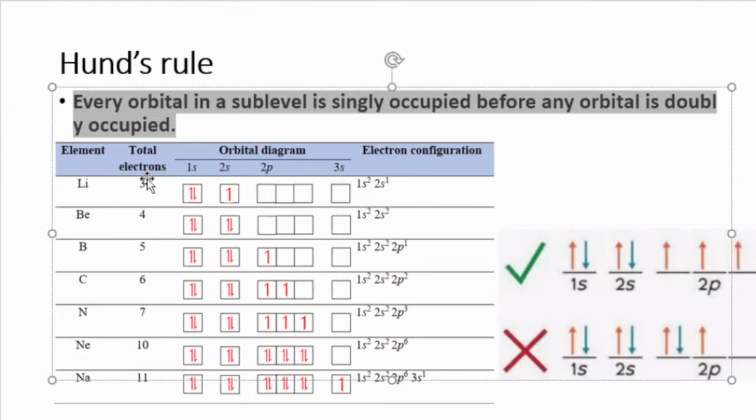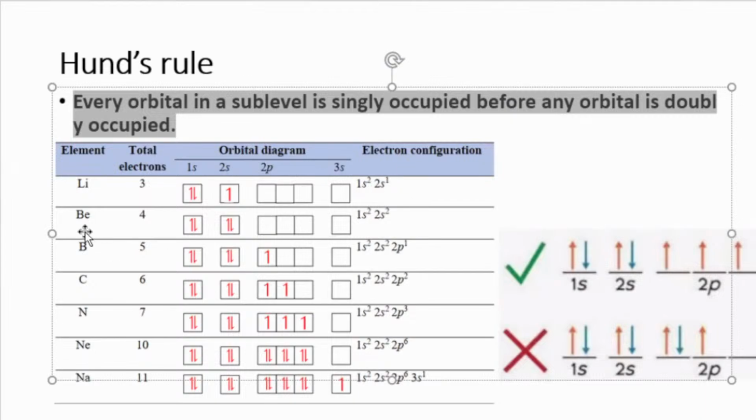It contains 3 electrons. That means for the first energy level, it has 2. For the second energy level, 1. Okay, 2, 1. For the first energy level, the S orbital contains 2 electrons. For the second energy level, the S orbital contains 1.